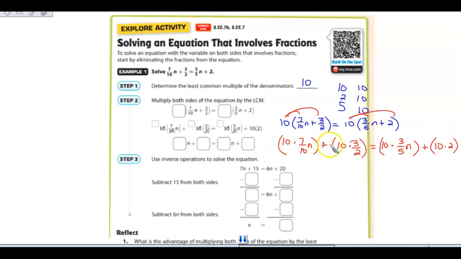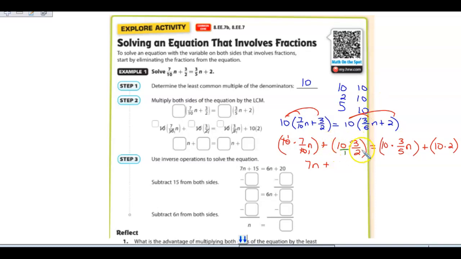When I look at each one of these individually, I can simplify them. They're both 10, so I can divide both by 10, and that gives me 1. So 1 times 7 is 7n. This one, I have a 10 and a 2.